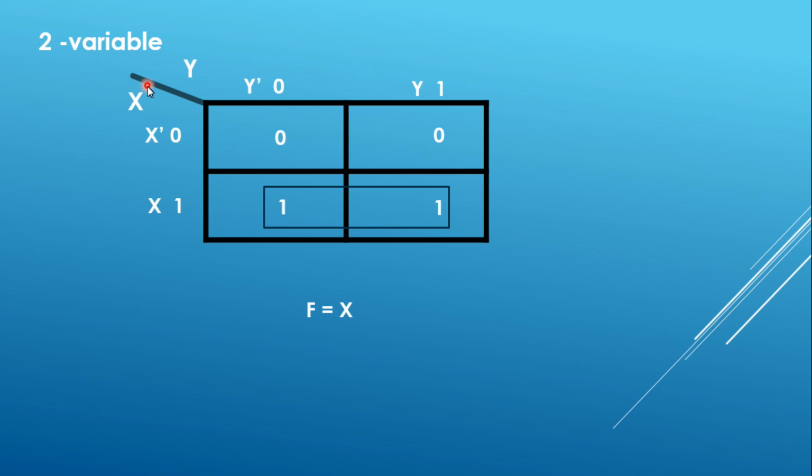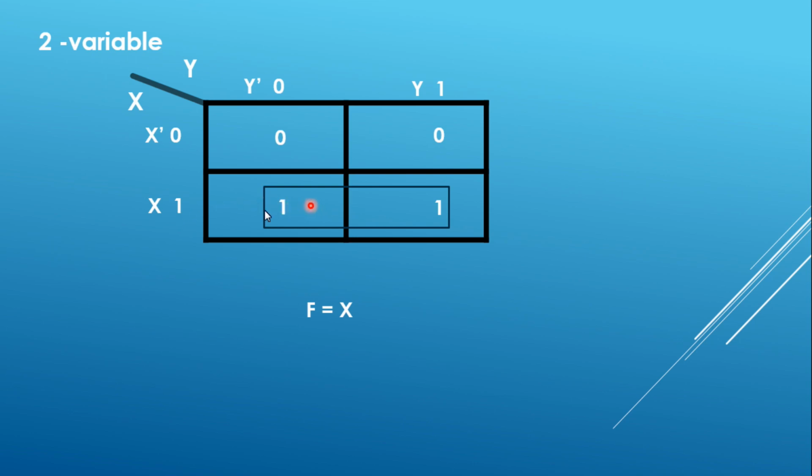As you can see, this is a two variable Karnaugh map, and in this there are two ones which are forming a pair, correct? For finding out the minimized term, we have to see what these ones are represented by. This first one is represented by x y bar and the second one is x y. We will remove the variable which is changing.